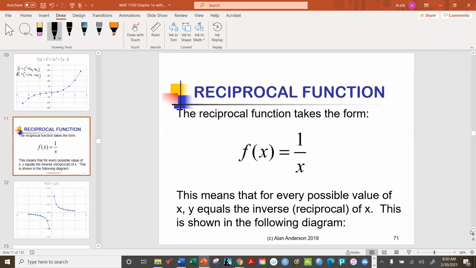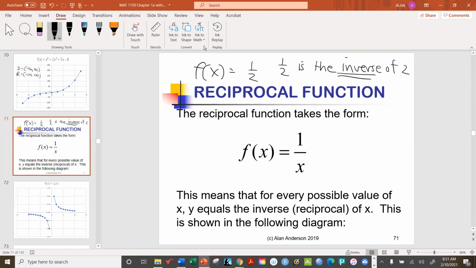Now, the reciprocal function. Remember, reciprocal means 1 over something. So for example, something like this is called a reciprocal because it's 1 over 2. Also, as far as the terminology is concerned, just remember 1/2 is the inverse of 2.